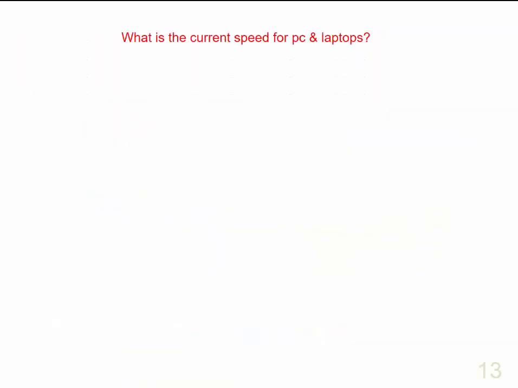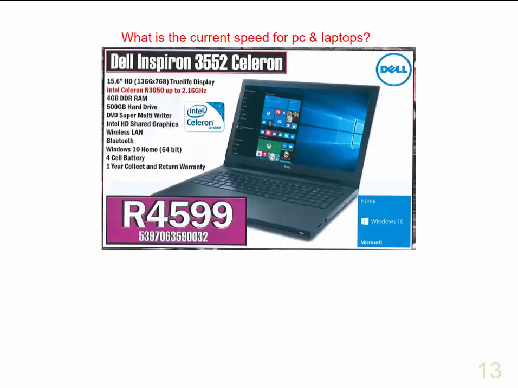So let's look, what is the current speed of PCs and laptops? So if you go to a store and you see an ad like the following, what does all of this mean? Now first of all, I'm going to jump the gun a bit. There are some components that we haven't discussed, which we will discuss shortly. So what's important here, when we talk about the clock speed or the speed of a computer, you need to look at the gigahertz.